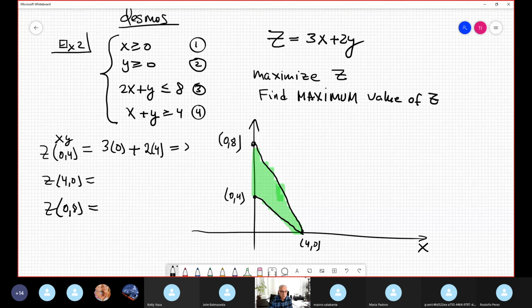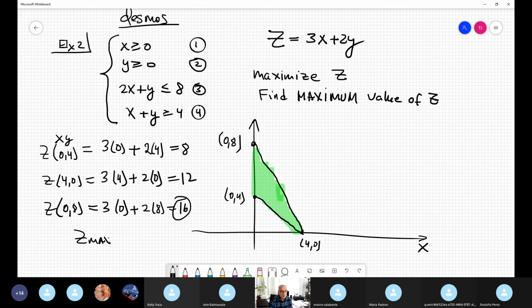Obviously it's 8. At 4,0 it's 3 times 4 plus 2 times 0, obviously 12. And finally, 3 times 0 plus 2 times 8 is 16. And this is the maximum value.